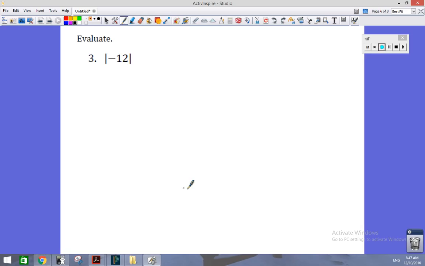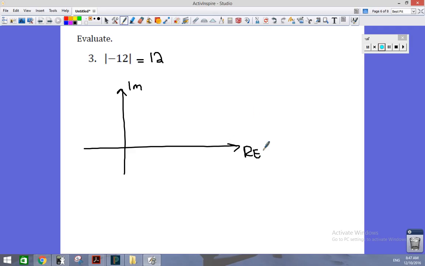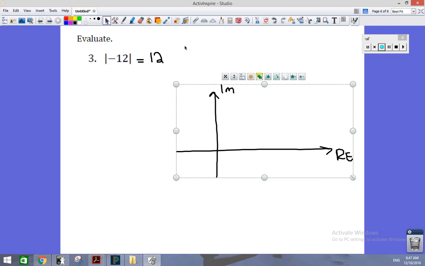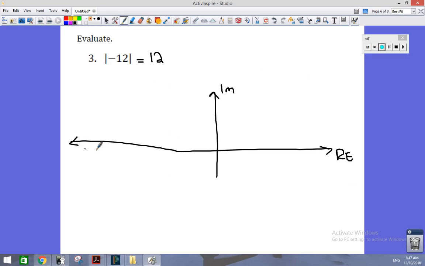All right, and this you've done for years. The absolute value of negative 12 is positive 12, and again in the complex plane, if this is my imaginary axis and this is my real axis, let's move that over because it did say negative 12. Sorry about not making that very horizontal.